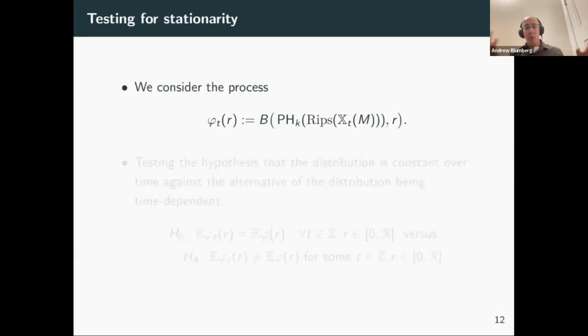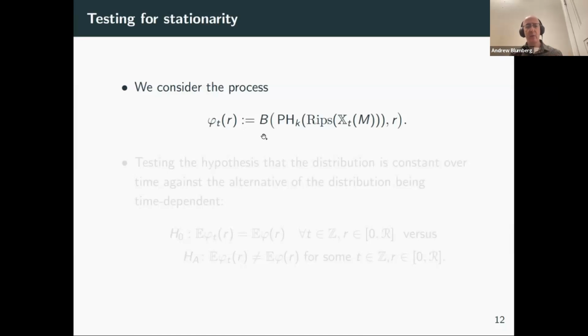Okay, so what we look at is we consider a process: what is the volume of a ball of radius r around the persistent homology of our point cloud? This is a process as a function of the radius.